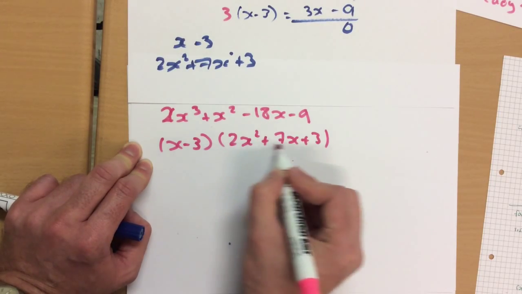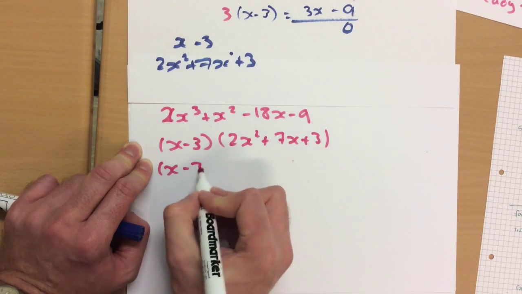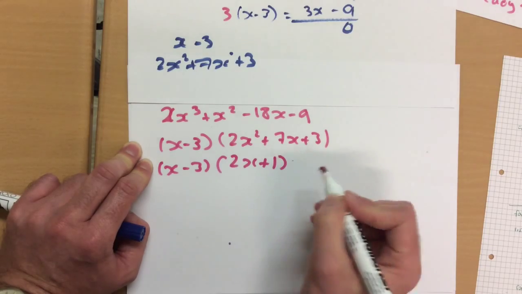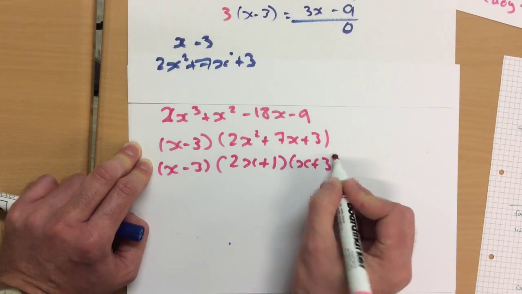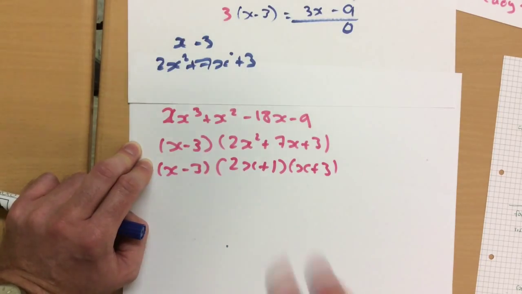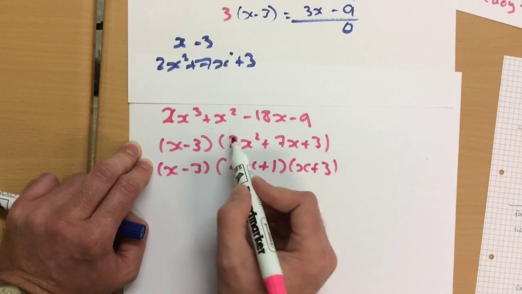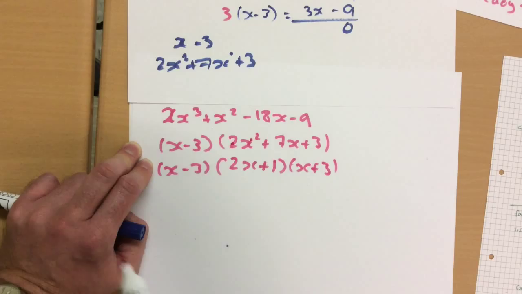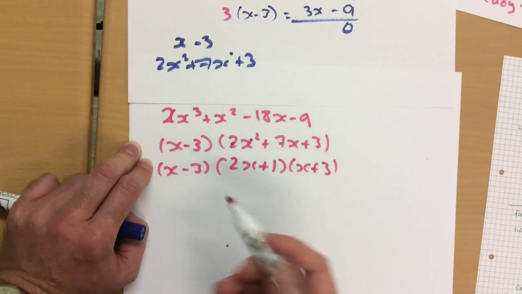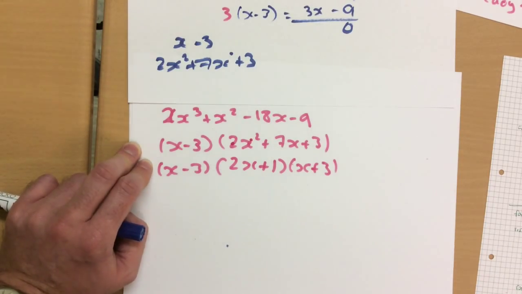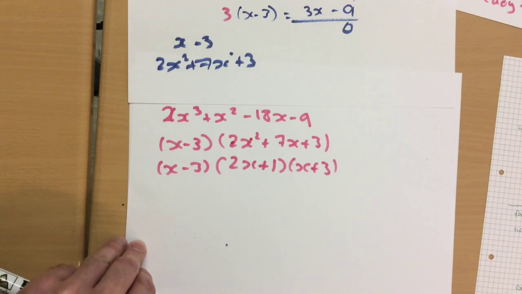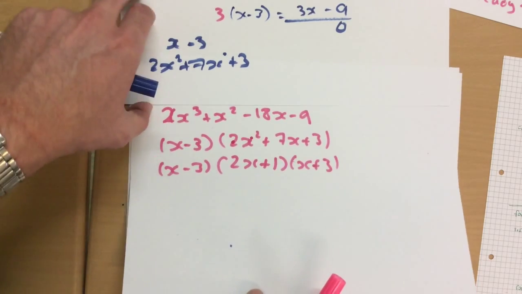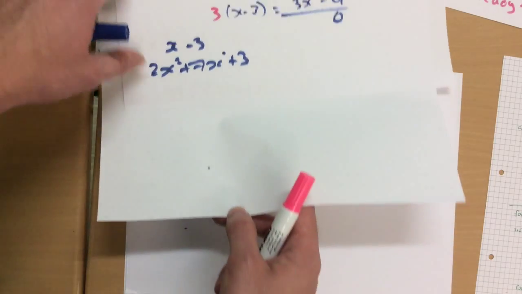If you factorise this part, it will give you 2x plus 1 and x plus 3. If you can't remember how to factorise where you've got a coefficient of x squared bigger than 1, I would go back and have a look at another video online about that. There you go, you've just factorised what should be a scary looking thing in a rather fireproof way.